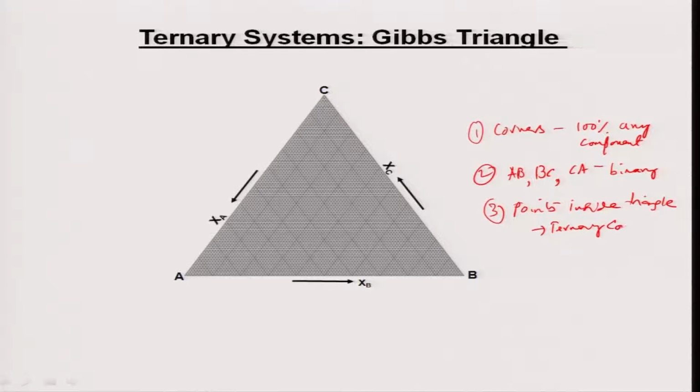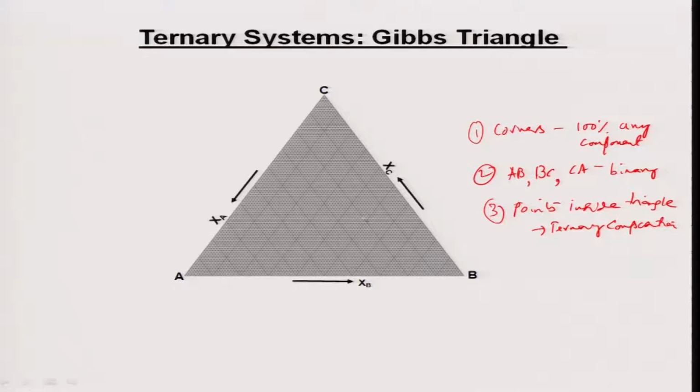Ternary composition means each point inside the triangle tells me the composition corresponding to A, B and C. So, any alloy containing A, B and C has to be represented by a point inside the triangle. These are the three very important aspects you must remember. That is how we plot the compositions on this Gibbs triangle, correct.